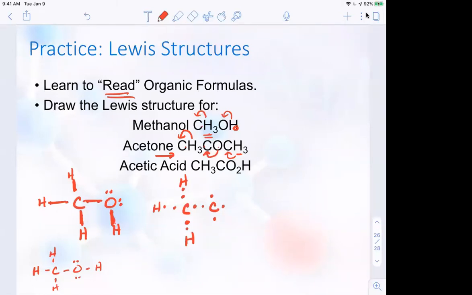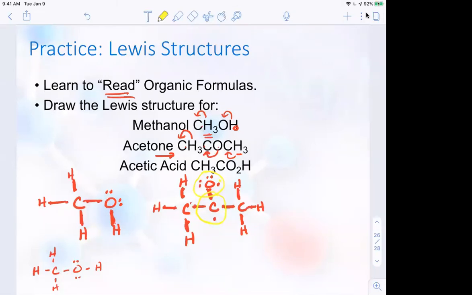I have an oxygen connected to that carbon. And I have another carbon surrounded by another 3 hydrogens. I'm going to connect all the dots that I can. Do I have an octet? My oxygen up here only has 7, and this carbon only has 7.